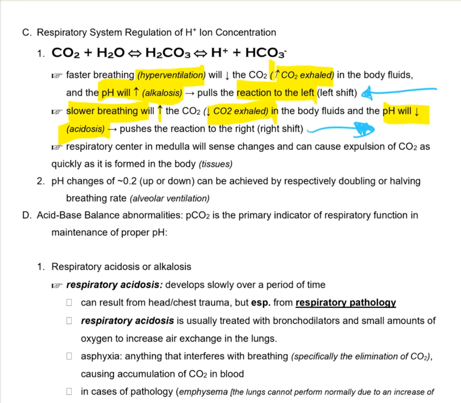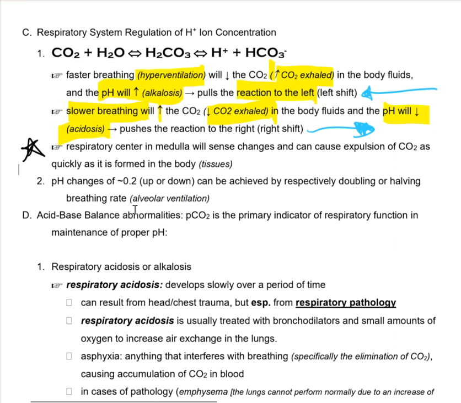This is usually all regulated by the respiratory center, the medulla and the pons, which notices how much acid we have in our blood and will increase or decrease breathing. When you go for a run or exercise, your breathing rate increases, you hyperventilate, because you're producing a lot of CO2 and we need to exhale it, so we run the reaction towards the left to get rid of more of this. Once it's gone, the reaction can't go backwards because the CO2 is gone.